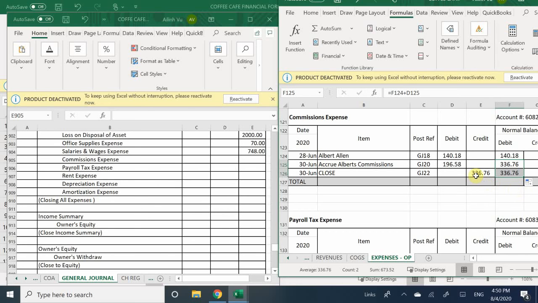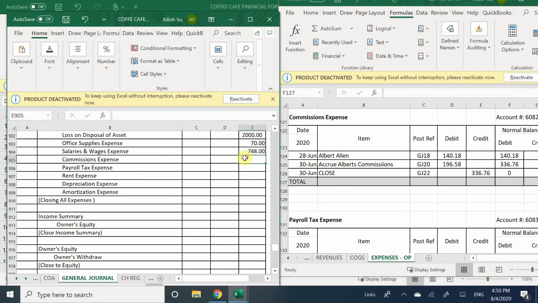And, oh, whoa. Okay, let's go ahead and repeat this formula. So up 1 plus this value minus this value, and now it's 0. So 336.76.